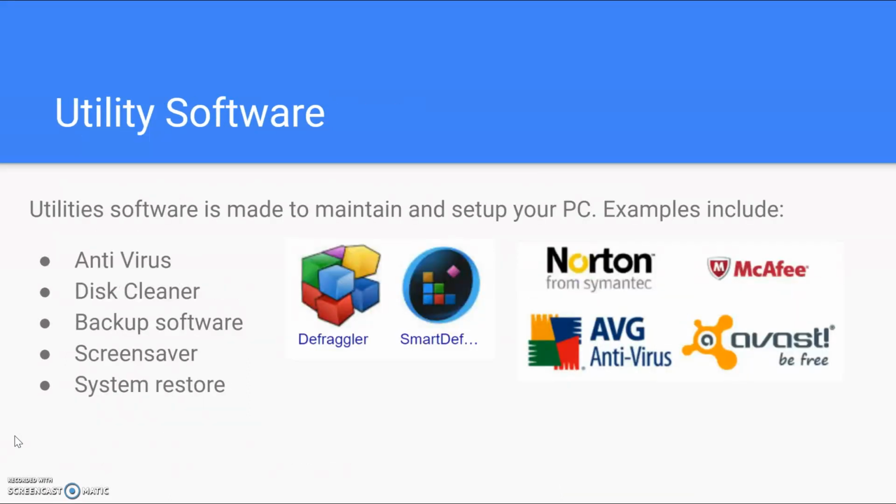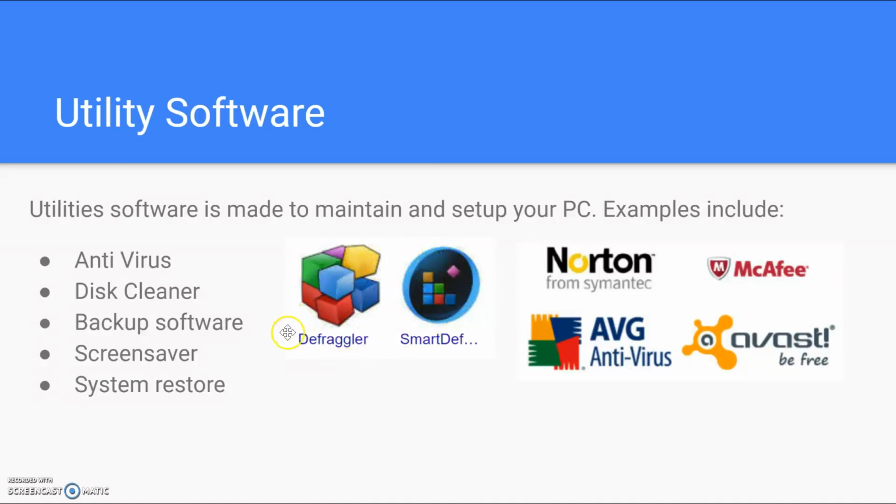Utility software. Now, this is software that helps you maintain, set up and configure your PC. Examples include antivirus, disk cleaner, backup software, screensaver, and system restore. If you have a look here, as we were talking, some people in the class knew what defrag was on the computer.